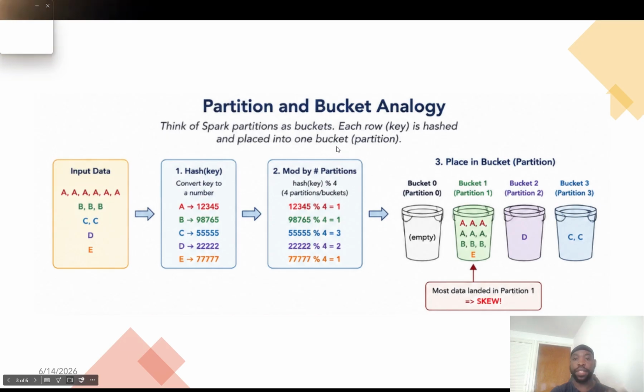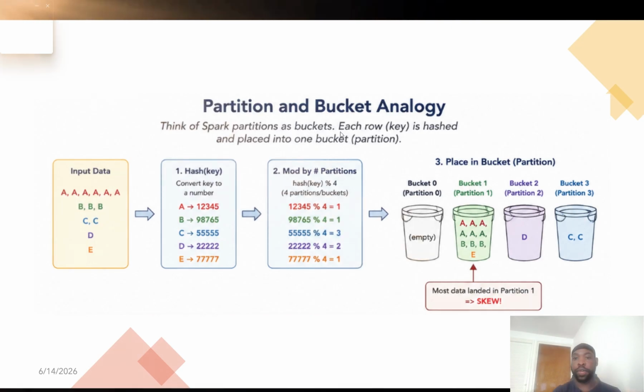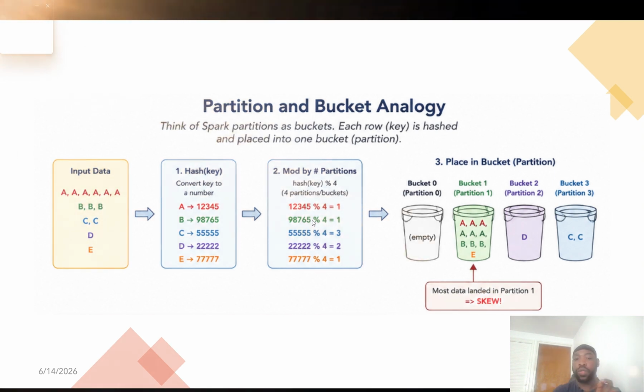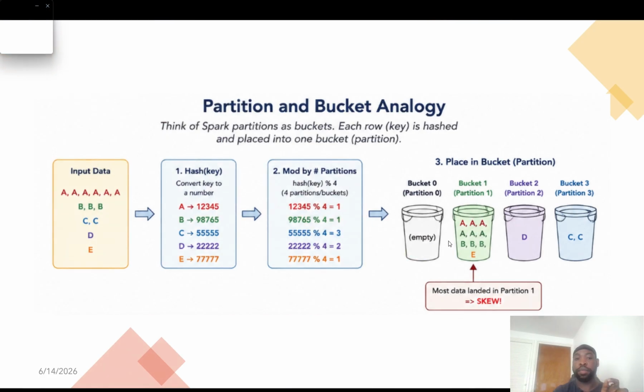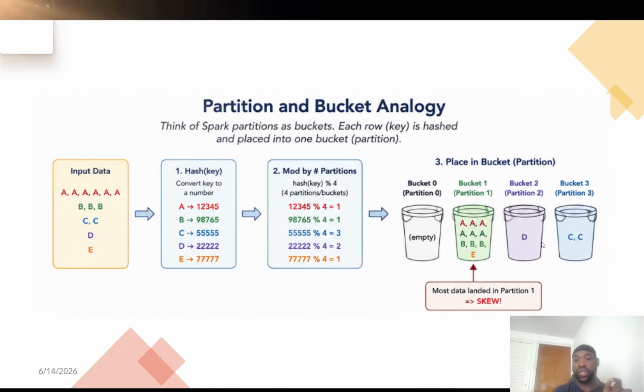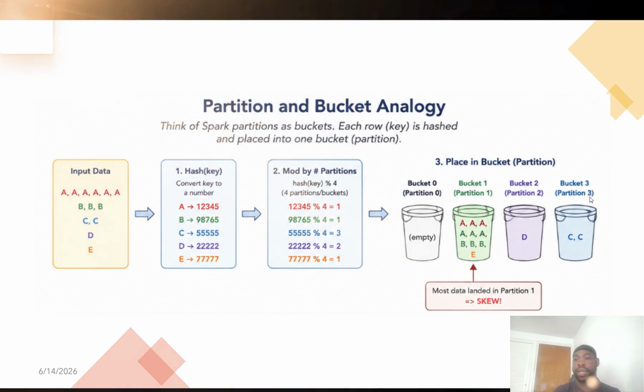So this is the partition and bucket analogy. You can think of a partition as a bucket. Each row key is hashed and placed into one bucket, or partition. So you see now all of the A records are going to bucket 1, B goes to bucket 1 as well, and E goes to bucket 1, and D goes into bucket 2, as you can see here, and C goes into bucket 3.